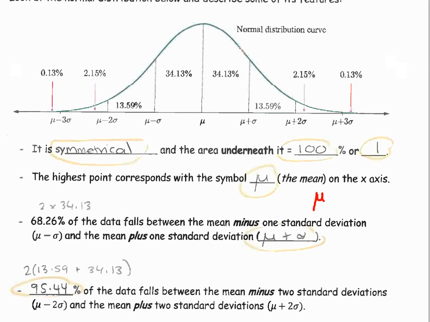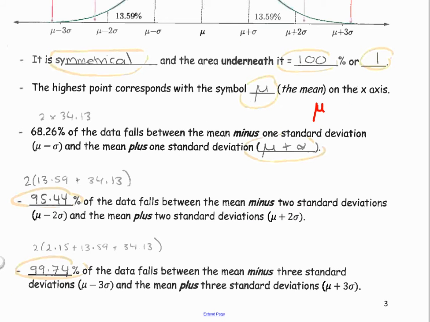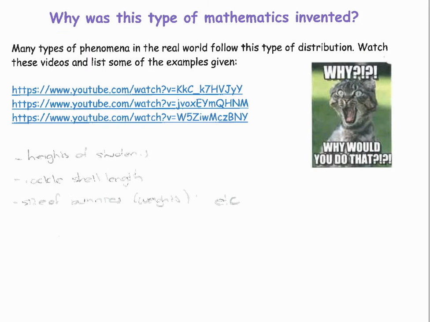Okay, so if that's confusing you, that's fine. Let's just move on. You can go and watch these 3 videos in your own time if you want, but if you do them, you'll probably find many types of phenomena in the real world fit this type of distribution. Watch these videos and list some of the examples given.